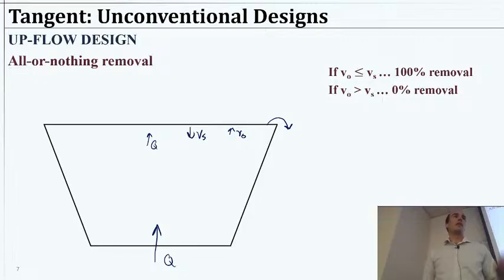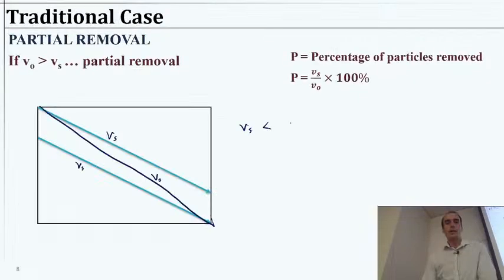If you have nice, discrete, different size particles, you could conceive of flowing it at a particular rate so that you're collecting all of one size and letting everything smaller or less dense, or whatever slower settling particles, leave. So just kind of a curiosity. Vs is smaller than V naught in this case, and smaller means it's happening slower, means it's not as steep of a slope.